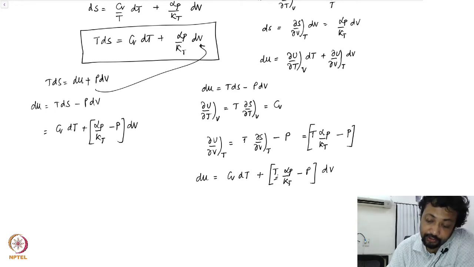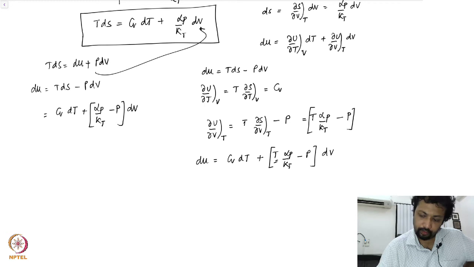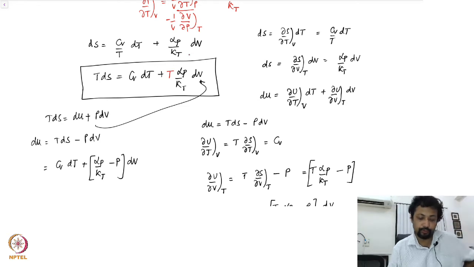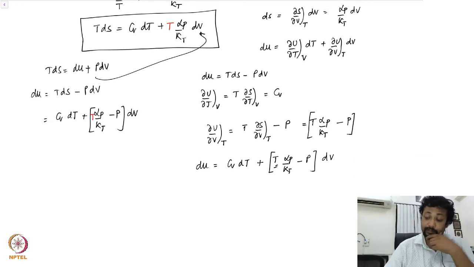This T factor should not come anywhere, so one has to check. Right, so there has to be a T factor here. The T factor comes in when you're multiplying throughout by T, so this is correct, T alpha P over kappa T minus P. So it is consistent.